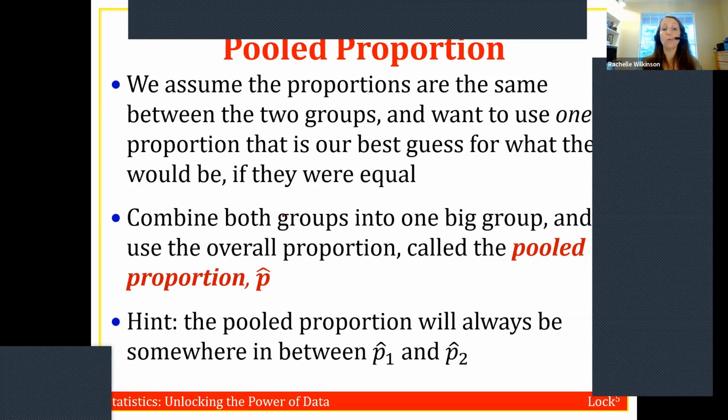So to find our pooled proportion, this P hat, we're going to take the number of successes in both samples divided by the total number of observations in both samples. So we're basically going to add the successes together for the numerator, add the sample sizes together for the denominator, and then divide those. We're just going to call it P hat because now it's representing one group, and we're going to call it our pooled proportion.